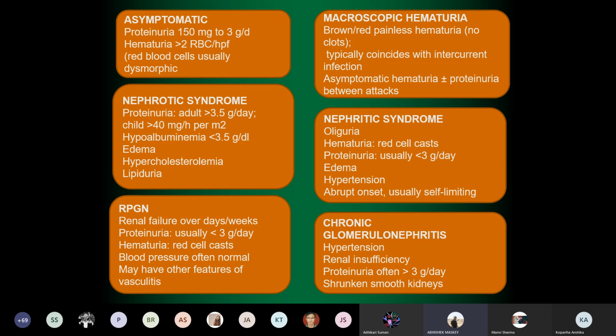While I have written over there in the box that this should be less than 8 centimeters, yes, that happens in the maximum number of cases, but there are a few exceptions, like polycystic kidney disease. Bilateral cysts are there, and you have a palpable lump in the abdomen when you palpate it, but the patient has chronic kidney disease.